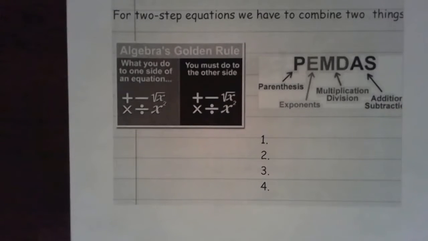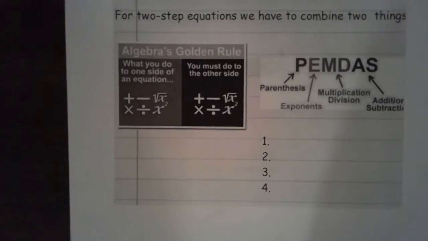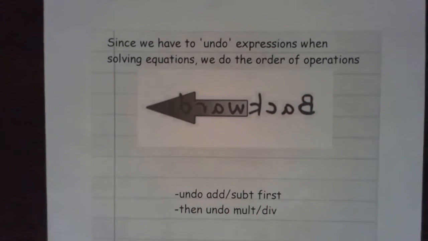P stands for parentheses, E for exponents, M and D is multiplication and division, as you remember from left to right, and A and S is addition and subtraction, also from left to right. But we are not going to do PEMDAS in this direction. We are going to do PEMDAS backwards.